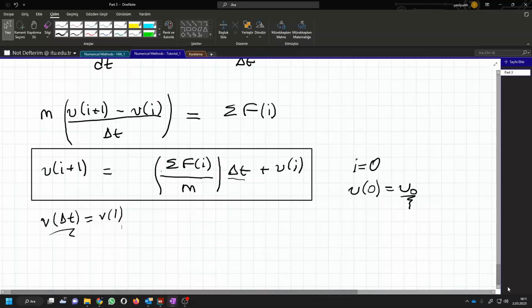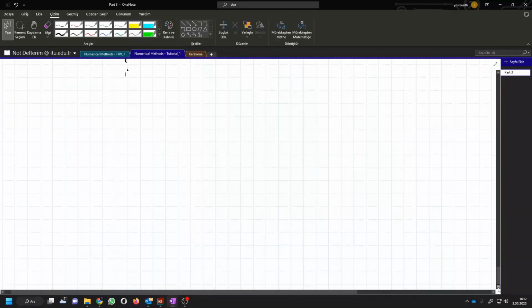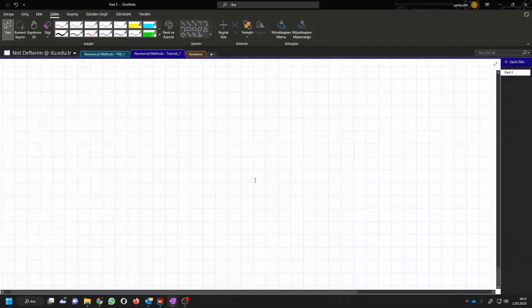After that you put i equals to 1. Now you know v1 from the previous calculation. v1 plus f1 over m times delta t will be equal to v2, and so on. So we are marching to a solution in time. That's why these types of problems or solvers are called marching problems.